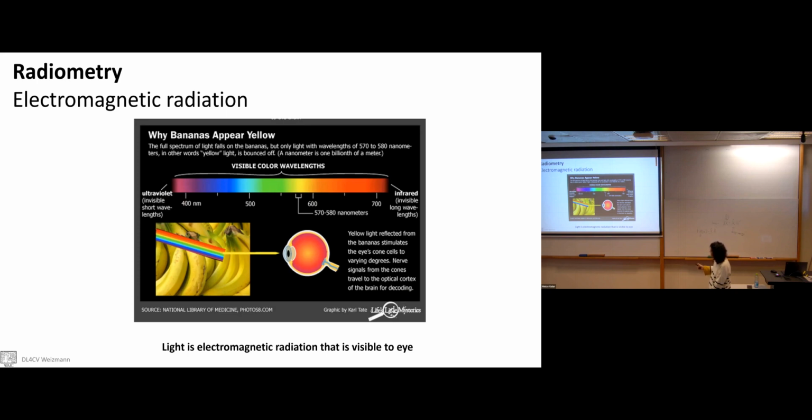It's part of a huge spectrum of light which we don't see. When you look at a banana, all the spectrum of visible light falls on the banana, but only the yellow one is going to reach our eye. All other colors are absorbed. This is the way we see the banana yellow. Okay.